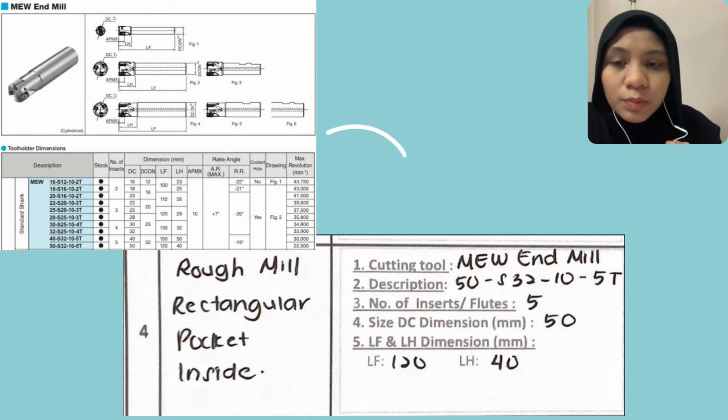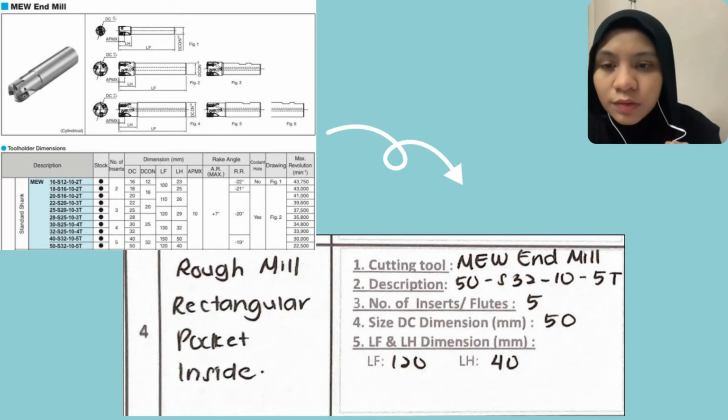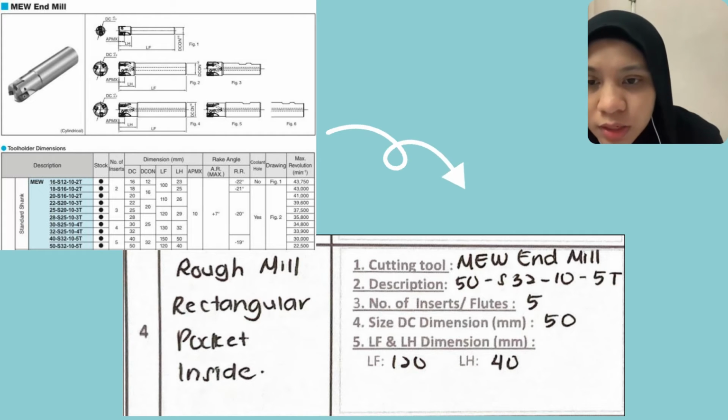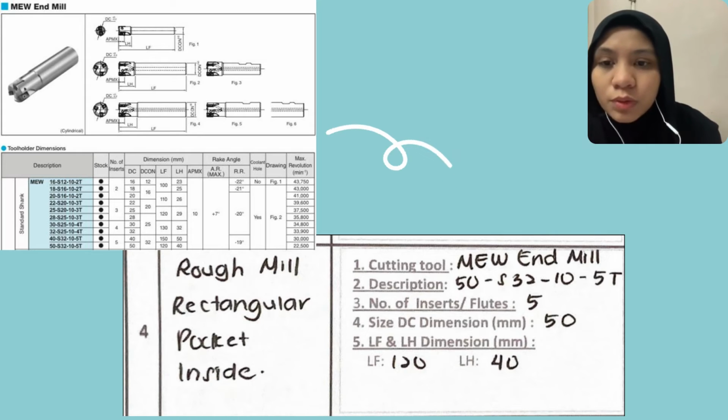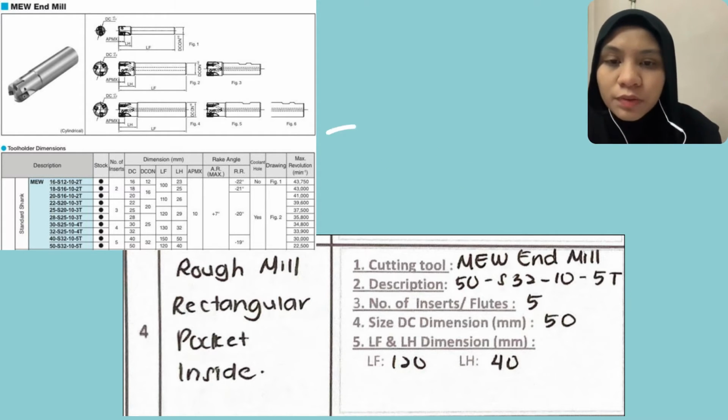Then I see if there is any size of 50 millimeter in the appendix. As you can see, the last one includes the number of inserts of 5, and the LF and LH dimensions of 100 millimeter and 50 millimeter.